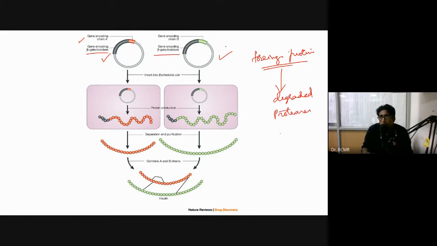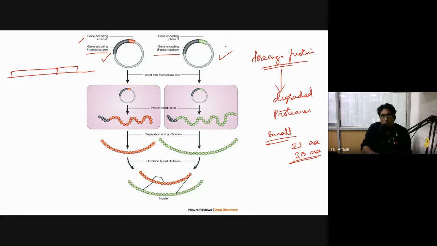This is especially true if they are small. One chain has 21 amino acids and the other about 30 amino acids. So they are unlikely to be stable within the cell, and we wouldn't get enough quantity. To make them stable, we need to make them as translational fusions.